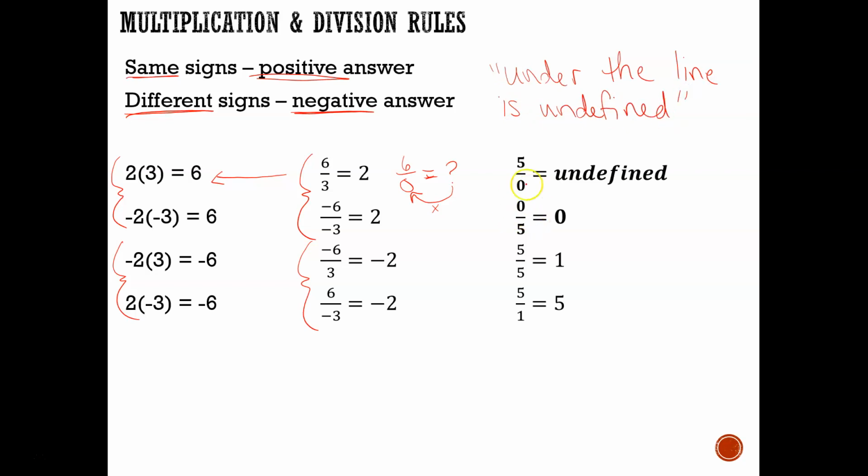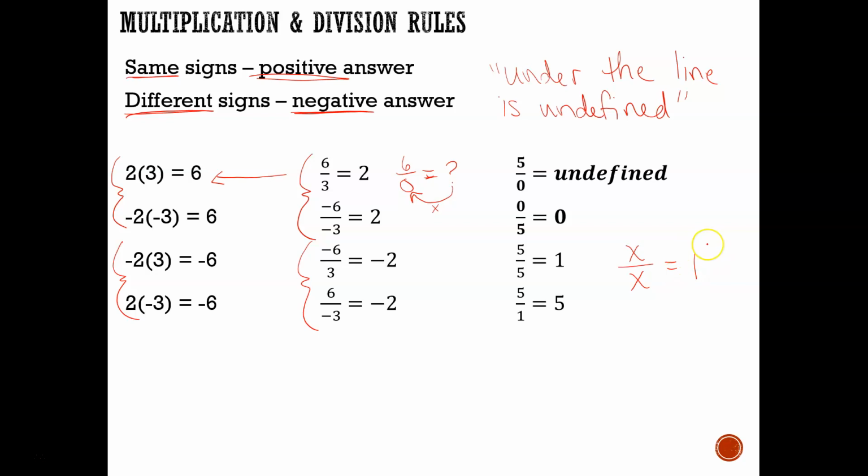Now if 0 is on the top of the fraction, that would mean 0 divided by 5, and the answer is 0. So 0 on top, 0 is the answer. And the third example here, a number divided by itself is always 1. Also, if you had a variable, maybe you had x and you divide by x, that's 1.